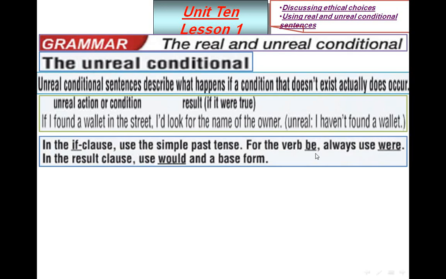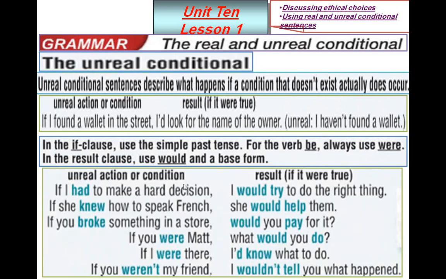For the verb be, always use were. Verb be in the past, as we know, was and were. But here, if we use it in the if clause, we use were all the time with all pronouns: I, he, she, it, we, you, or they. In the result, we use would and the base form of the verb.